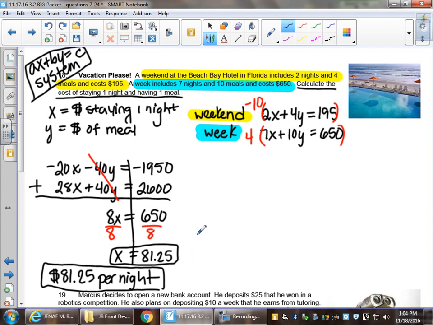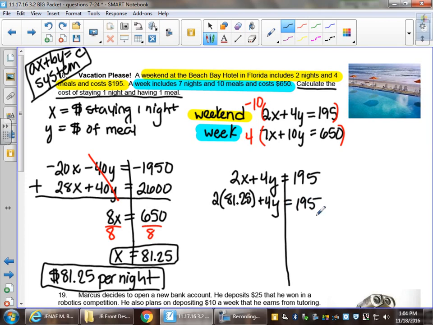To find the cost of a meal, we need to substitute into one of our original equations. It does not matter which one. I choose the top one. Maybe you chose the bottom. We should get the same answer. So that'll be 2 times 81.25 plus 4y equals 195. 2 times 81.25 we get 162.5, plus 4y still equals 195.